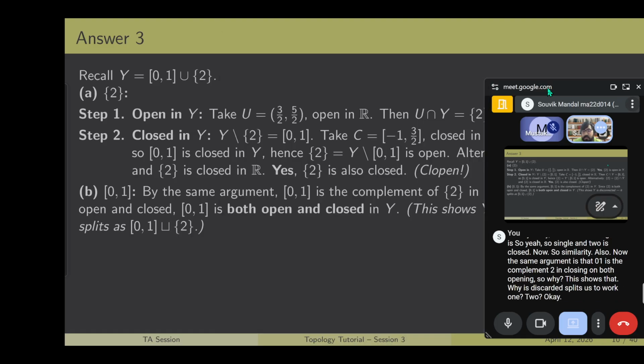Okay, so that's what the argument is. There is nothing much to do. I hope it's clear.